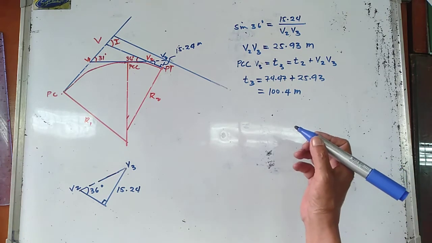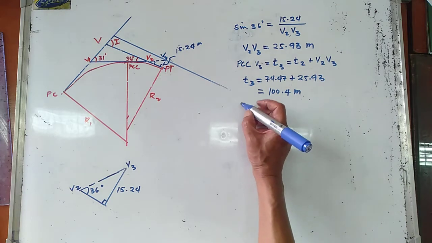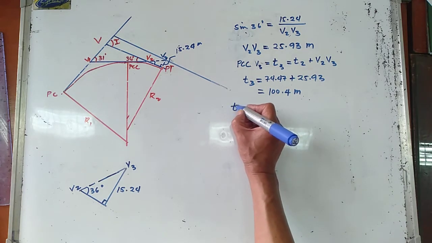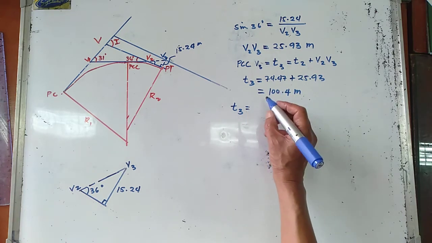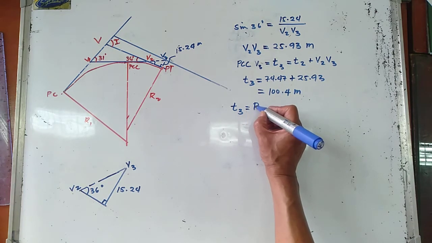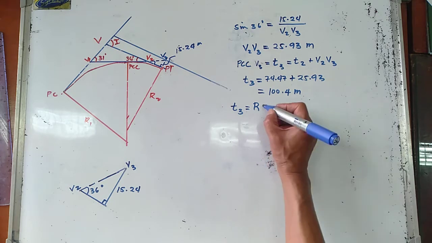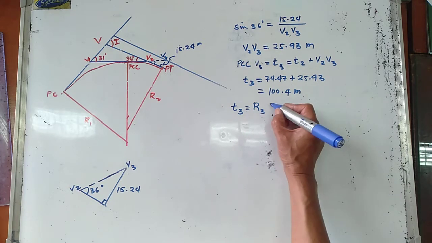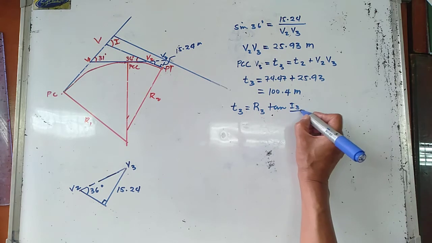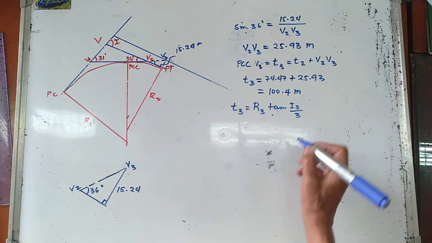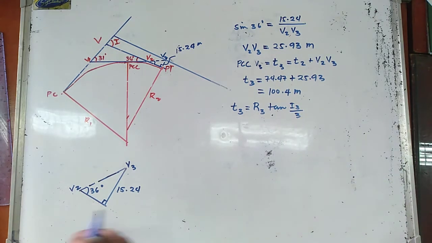So that your R3, therefore, from the equation again, the tangent distance is now equal to the radius of the circular curve. So that is now R3 tangent I3 all over 2.